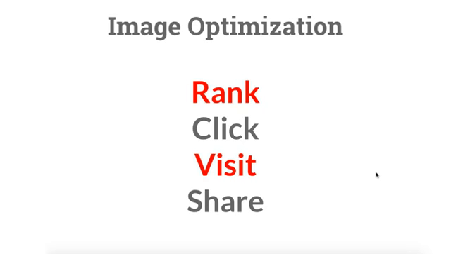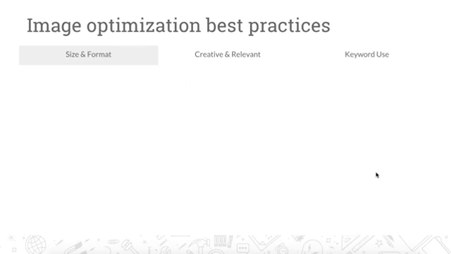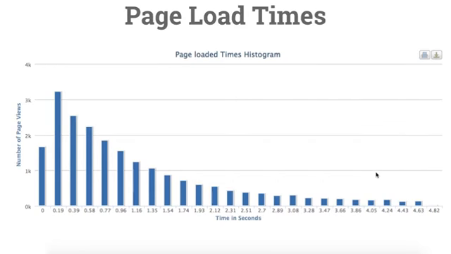Now, there are some best practices associated with images, and we'll start with size, which is especially important because of page load time. Image load time is extremely important because it can slow down your page load time considerably.